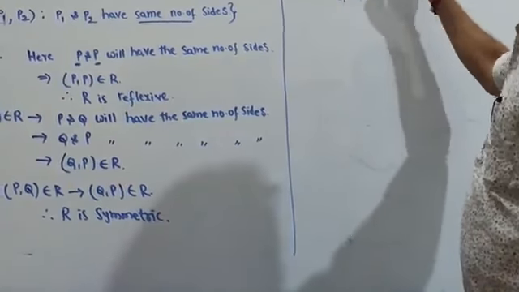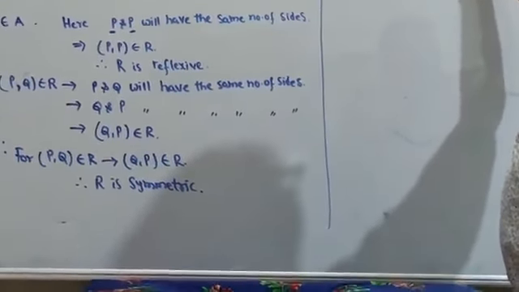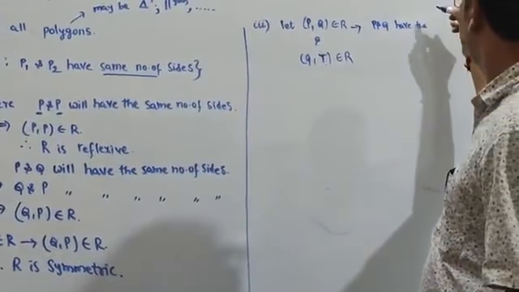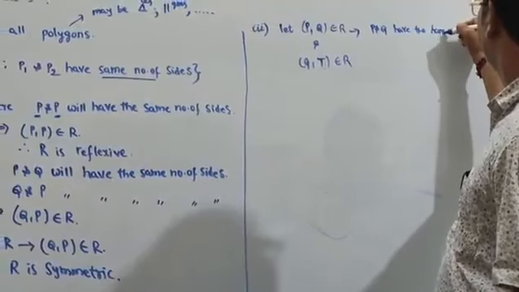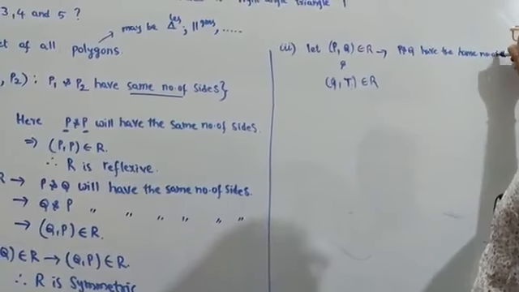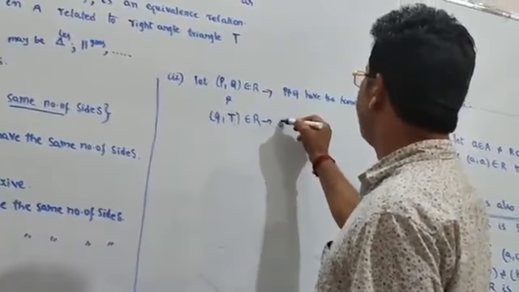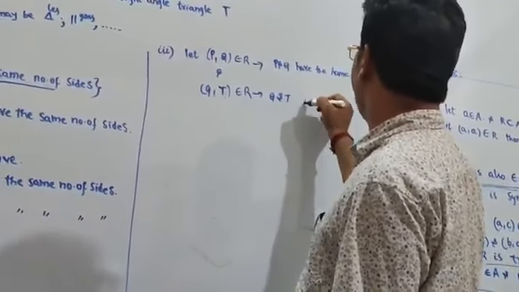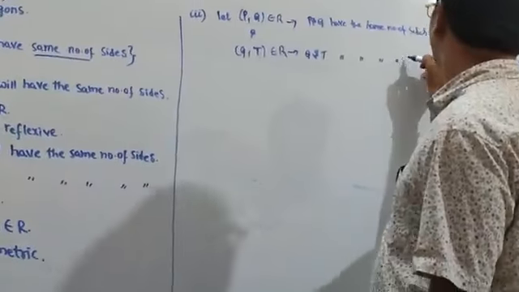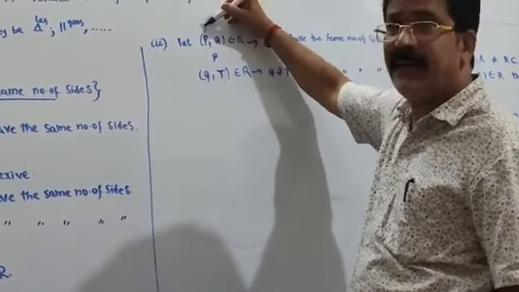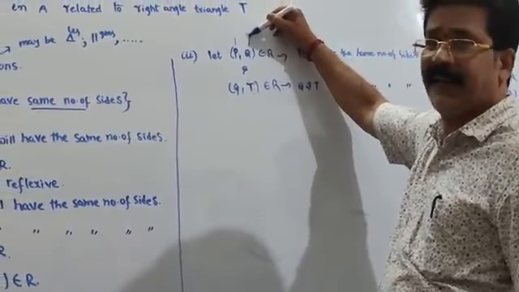Okay, what does it mean? Capital P and capital Q have the same number of sides. Here also capital Q and capital T will have the same number of sides. Means what? If capital P is a triangle, Q will be the triangle.